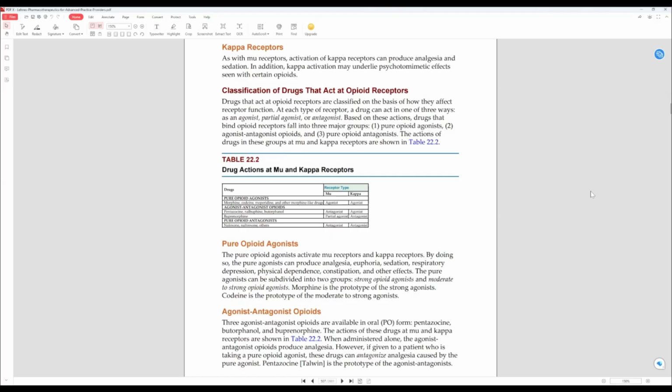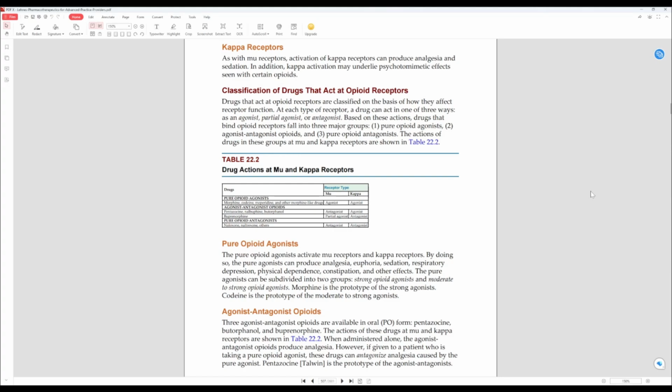So, the classification of drugs that act at opioid receptors. Drugs that act at opioid receptors are classified on the basis of how they affect receptor function. At each type of receptor, a drug can act in one of three ways: as an agonist, a partial agonist, or antagonist.